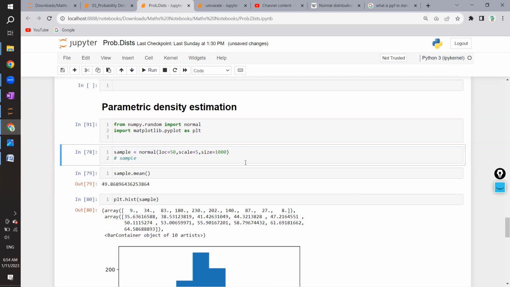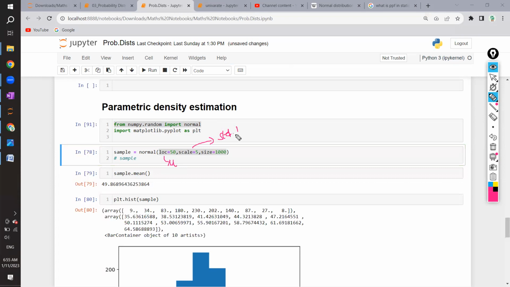Here I am creating a distribution using normal from numpy. Here loc is the mean, scale is the standard deviation, and size is the sample size.